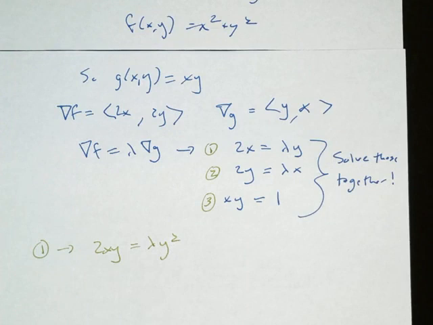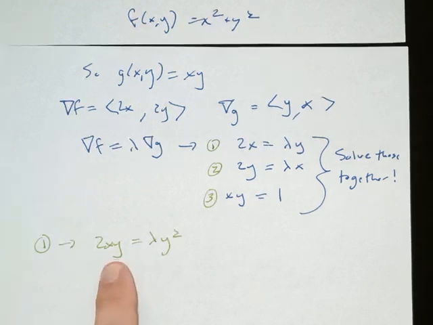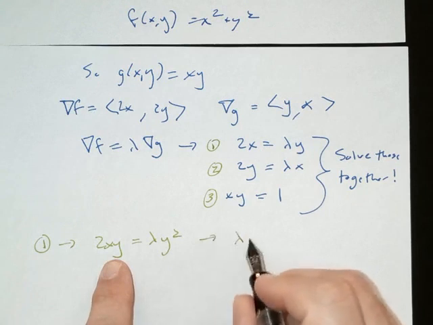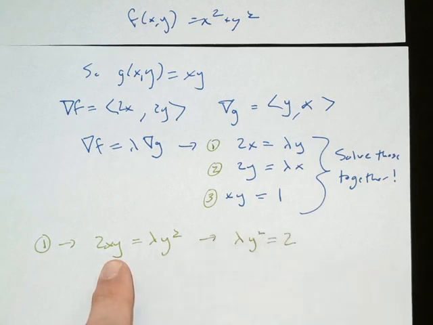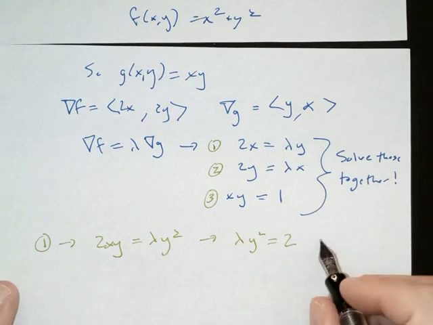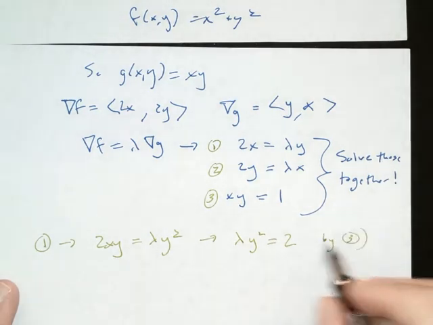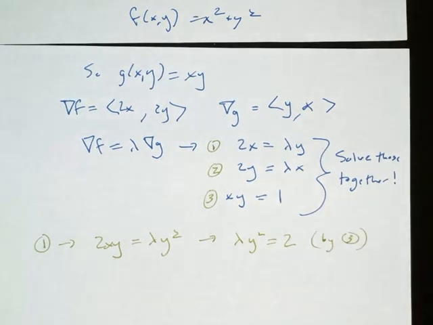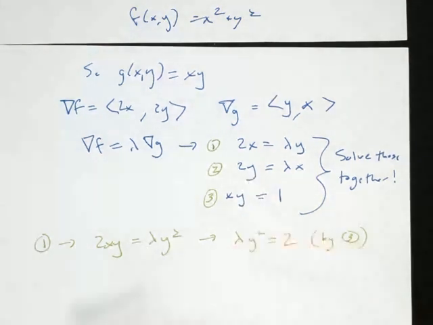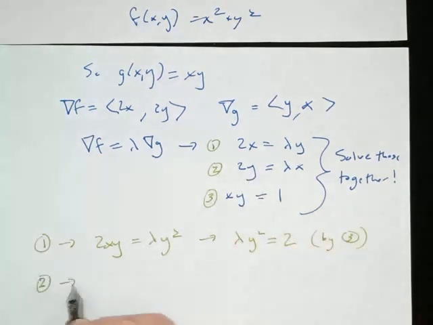What does equation 3 tell me? xy is equal to 1. Notice I can do the same thing with equation 2, only instead of multiplying by y, I'll multiply by x.